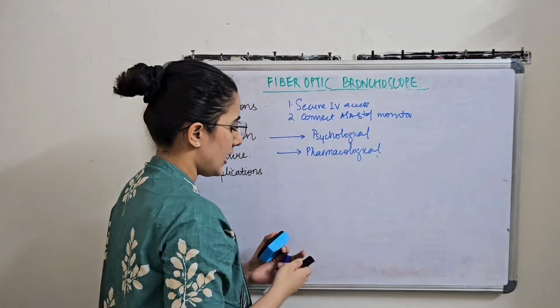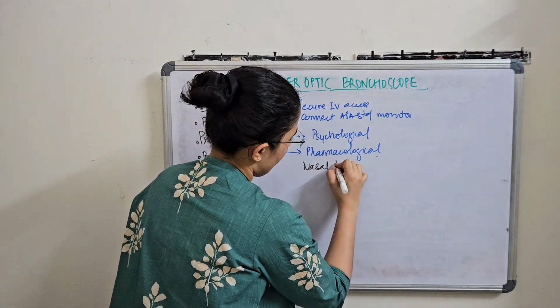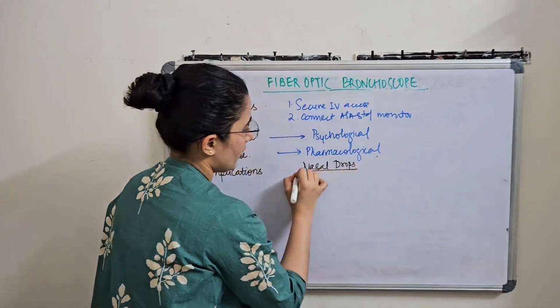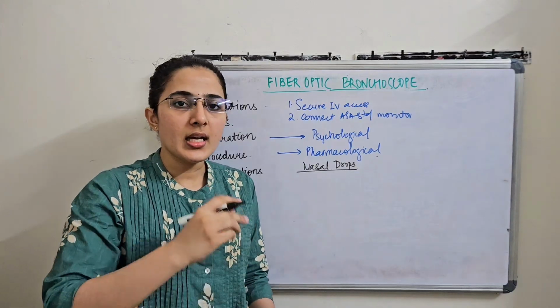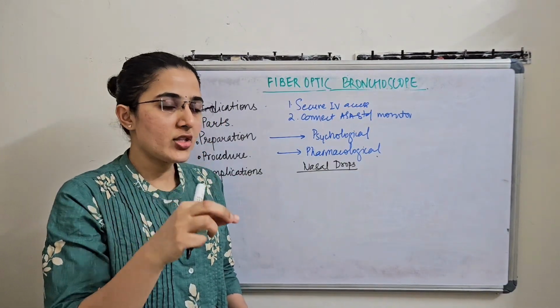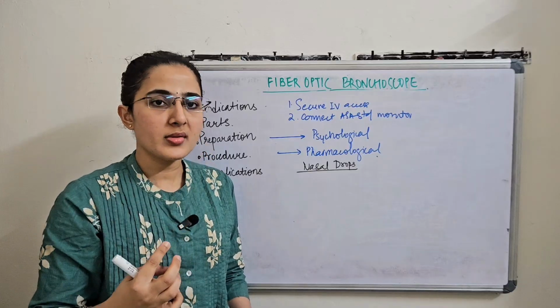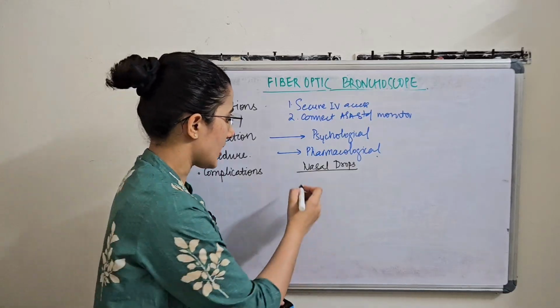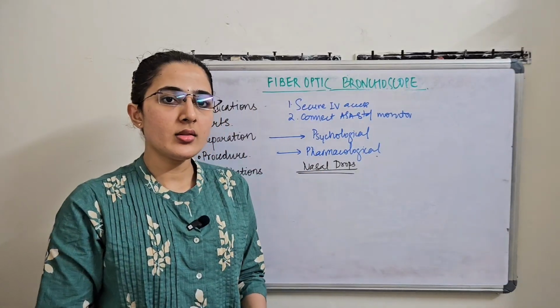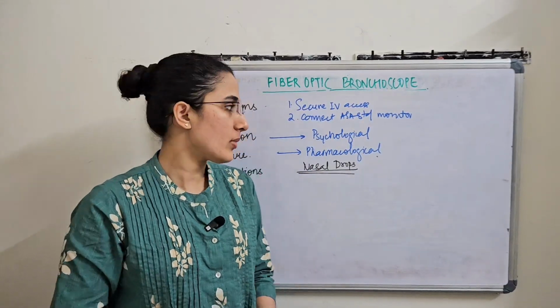We have the astringent drops, that is oxymetazoline or xylometazoline. We can give 2% lignocaine with pledgets, which are placed throughout the nasal mucosa about 20 minutes prior to the procedure.